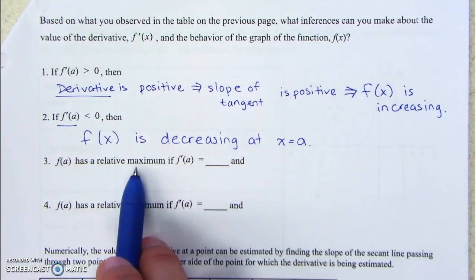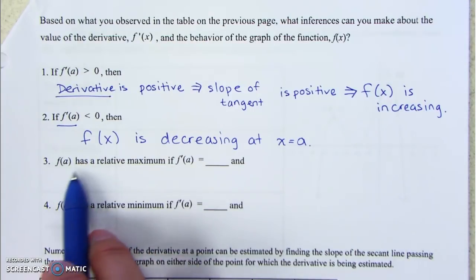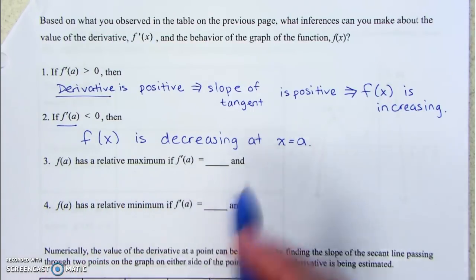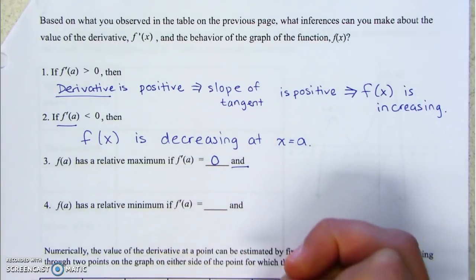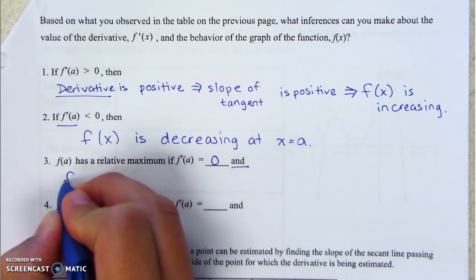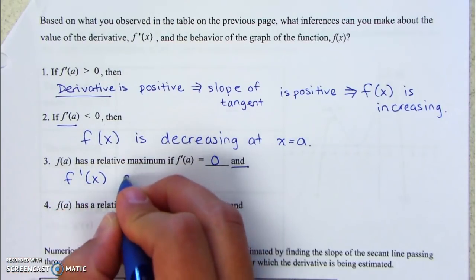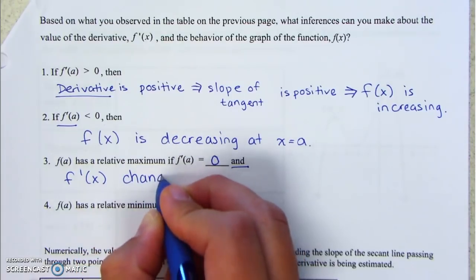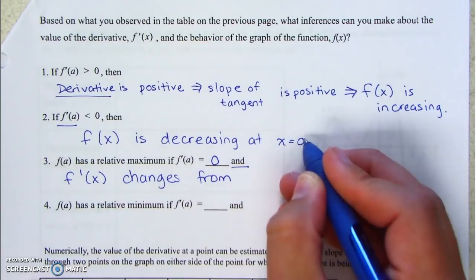Okay, and what happened at the max and mins? What did you notice about the slope of the tangent line? So f has a relative maximum if the derivative is equal to 0, and, there's an and here, and f, the derivative, changes from, now how do we go from a max to a min?